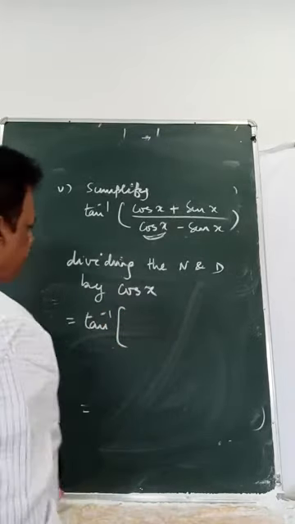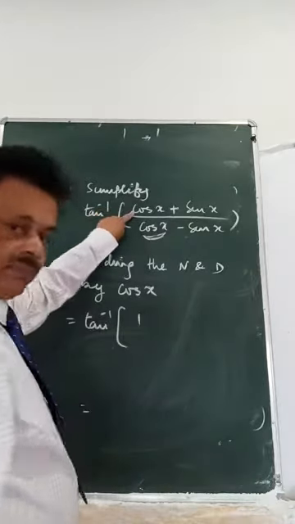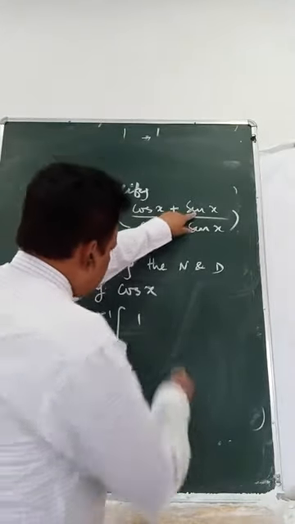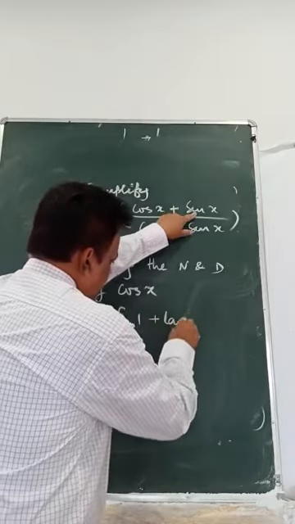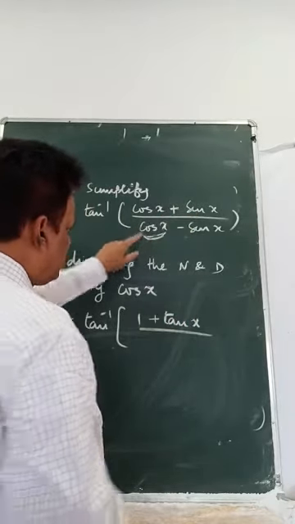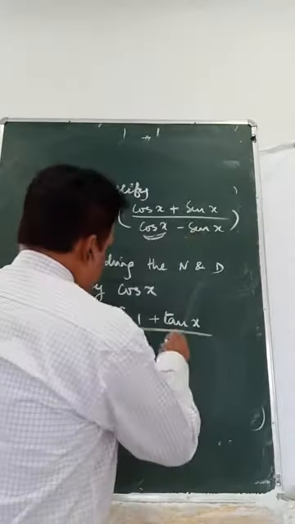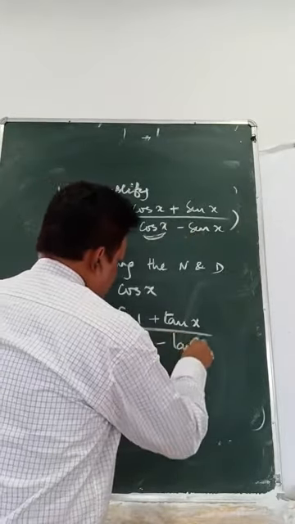Look, if I divide cos by cos, this will be 1. If I divide sin by cos, that will be tan x. Then the denominator: cos by cos is 1, and sin by cos is tan x.